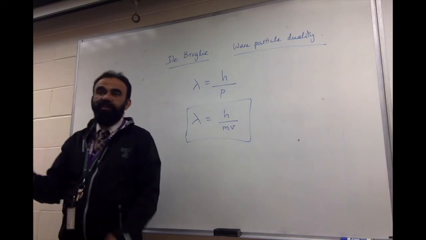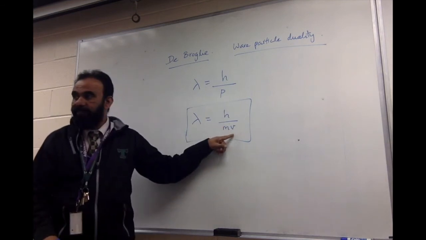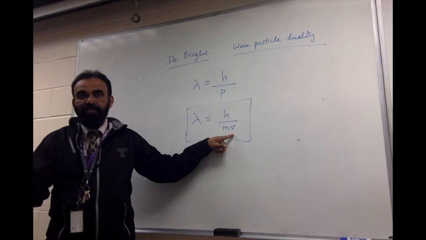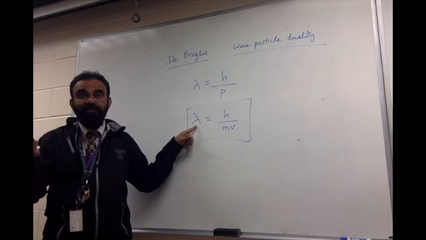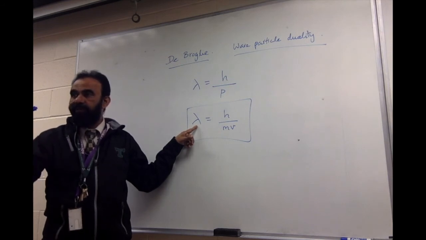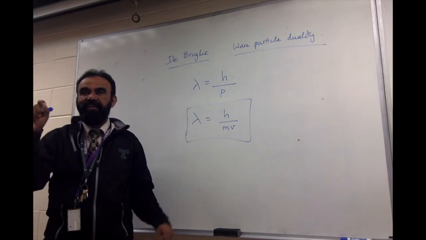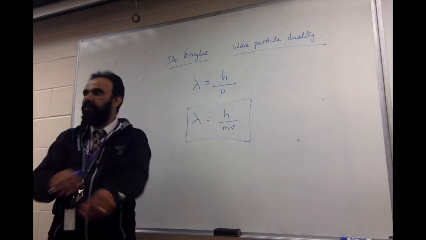So if I take a stone and throw the stone at you, the stone has a momentum, right? Because the stone is massive, it will have a momentum. That means the wavelength will be small. Small wavelength means higher energy. Can that kill cells upon impact? Yes. Definitely, it will kill a bunch of cells.